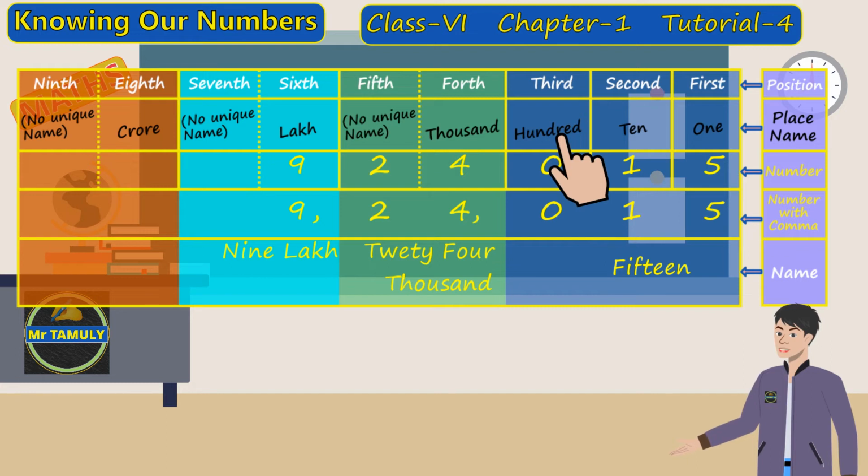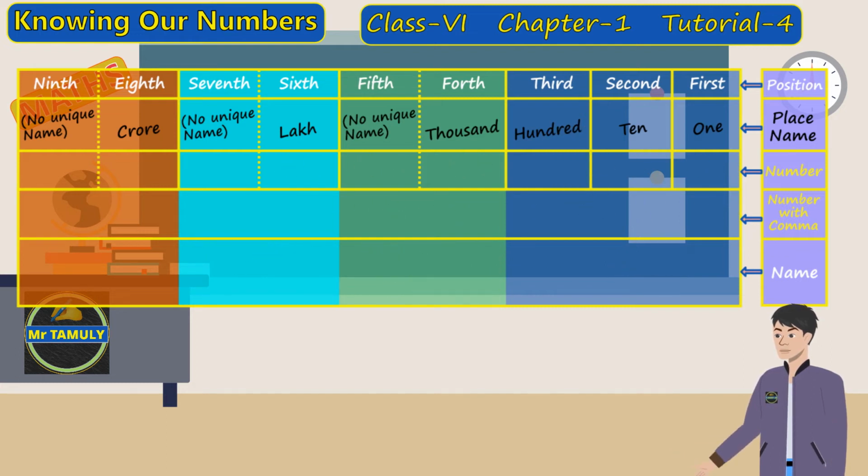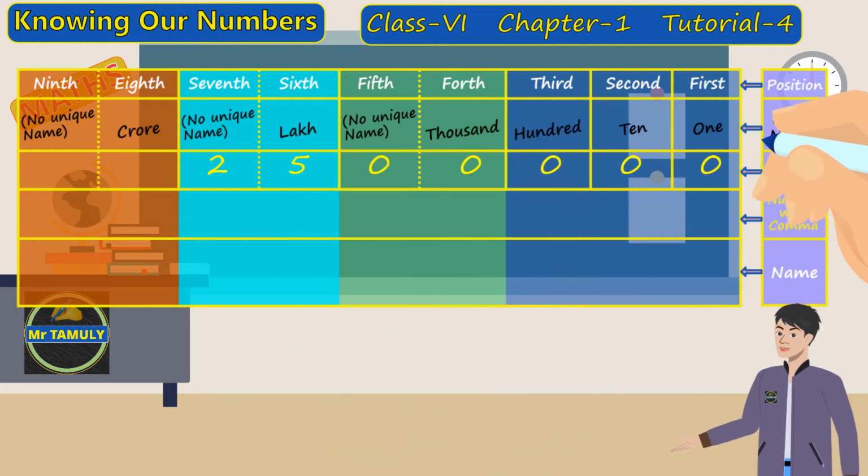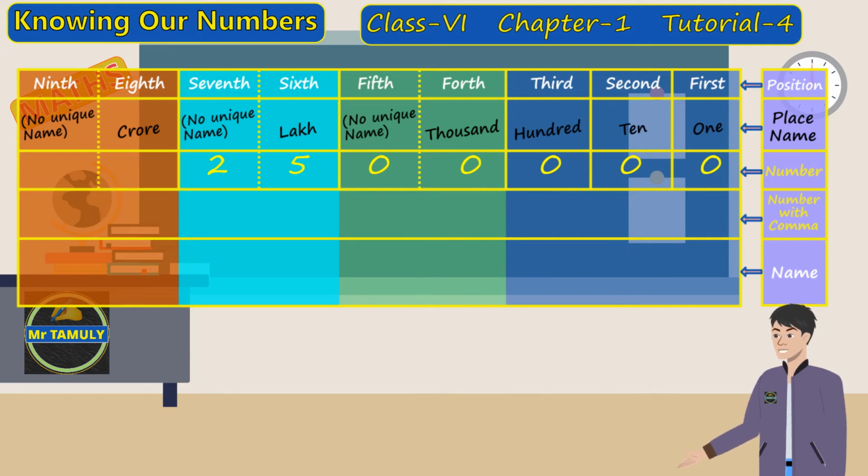Let us now try and name some 7-digit numbers. Our first 7-digit number is 25,000,000. I have already told you that in the Indian method of naming numbers, the 6th and the 7th positions are treated as a combined position. Also the 4th and the 5th positions are merged together into a single position having the name 1000.